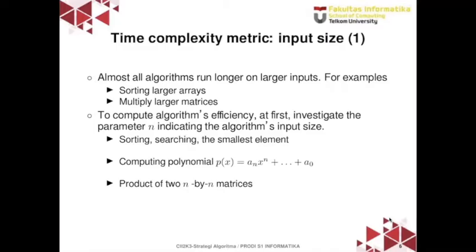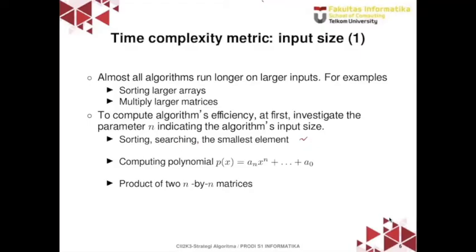For example, if we have sorting, searching, and finding the smallest element, what is the input size for these problems? Well, for sorting, we need to sort the elements we have on the list. For that, of course, we need to check all elements of the list.